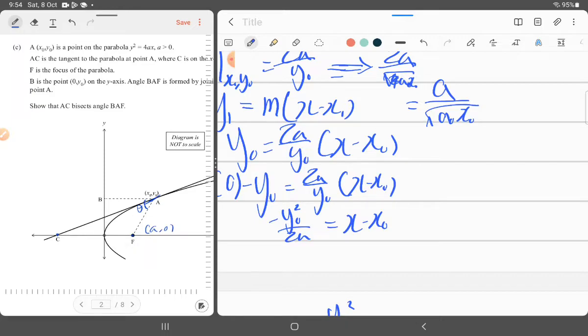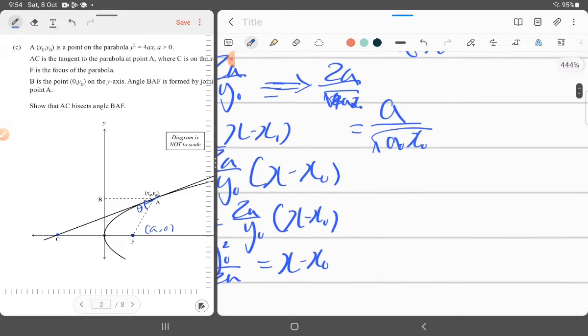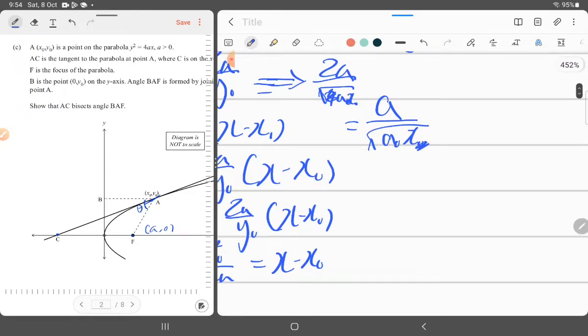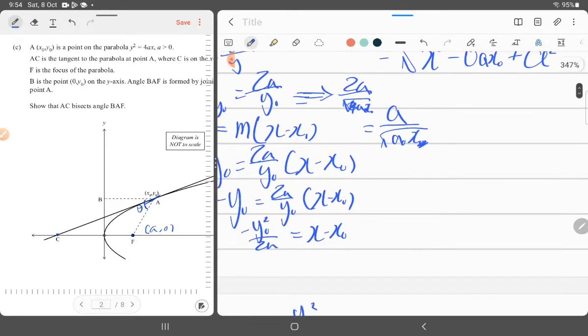No, that does not. That actually just doesn't translate. This 0 doesn't actually matter.